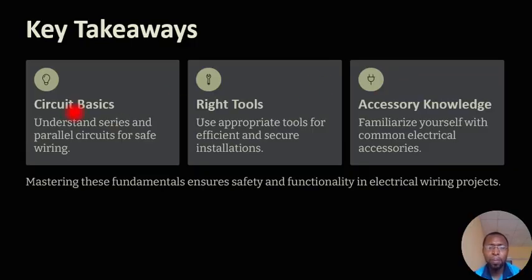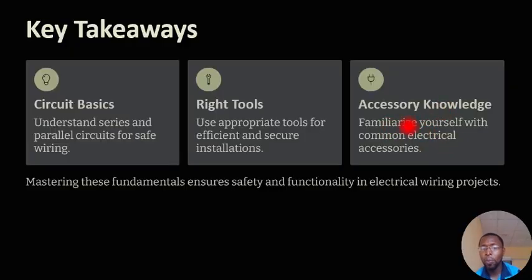All right. So today, what is our key takeaway? We have learned basic circuits. We have learned two circuit arrangements, that is series and parallel circuit, for safe wiring, and we were able to learn the right tools for connecting the circuit. We mentioned some of the tools like our pliers, our screwdriver, our hammer, our mallet, and we mentioned our electrical accessories, which are devices for electrical circuits other than light bulbs, and they are rated for their maximum voltage.